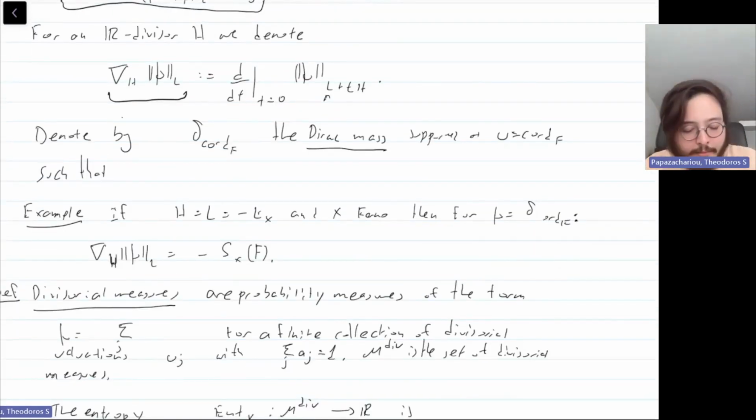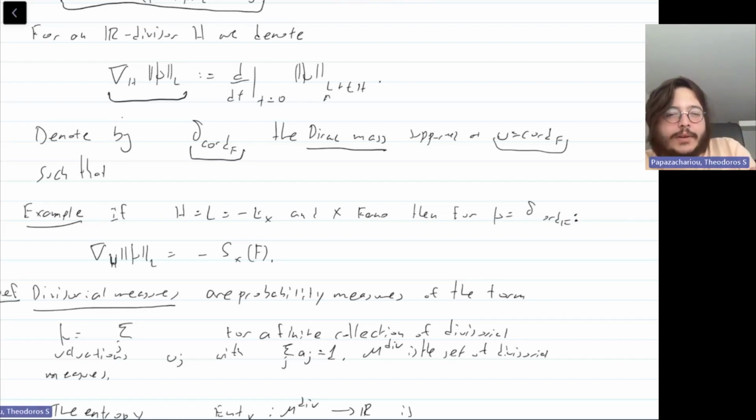Here, I'm just denoting by delta_E the Dirac mass supported at the valuation v_E. Essentially, I have a valuation, and I want to say that this measure is a probability measure: it has probability 1 if a function is supported on this divisorial valuation, and probability 0 elsewhere.